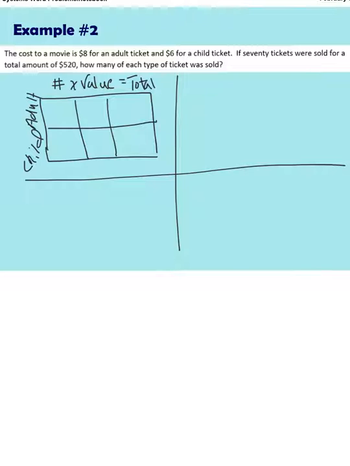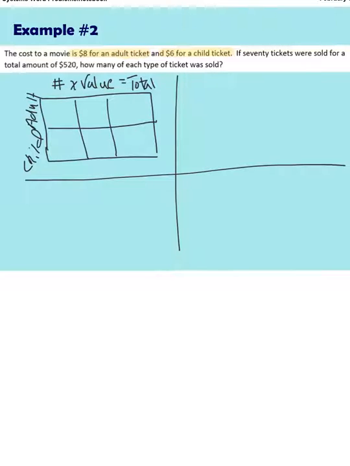As I read my problem, I want to start highlighting some important stuff. The cost to a movie is $8 for an adult ticket and $6 for a child's ticket. I don't know how many tickets I have.